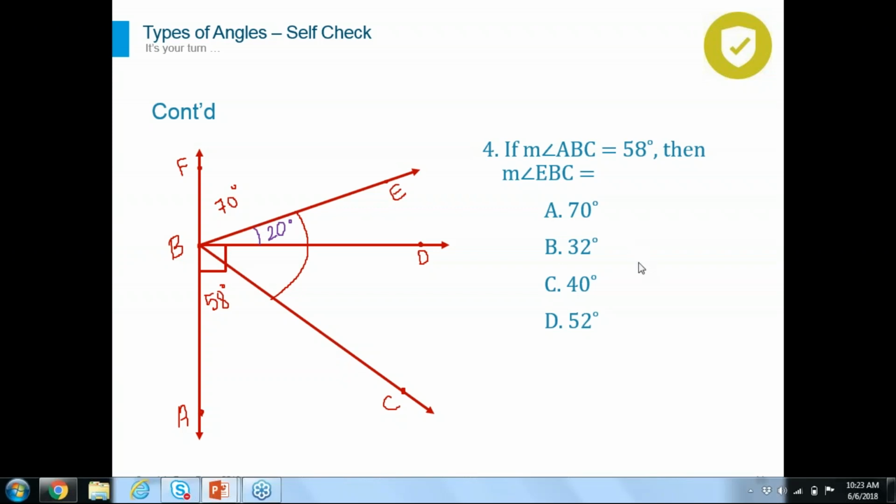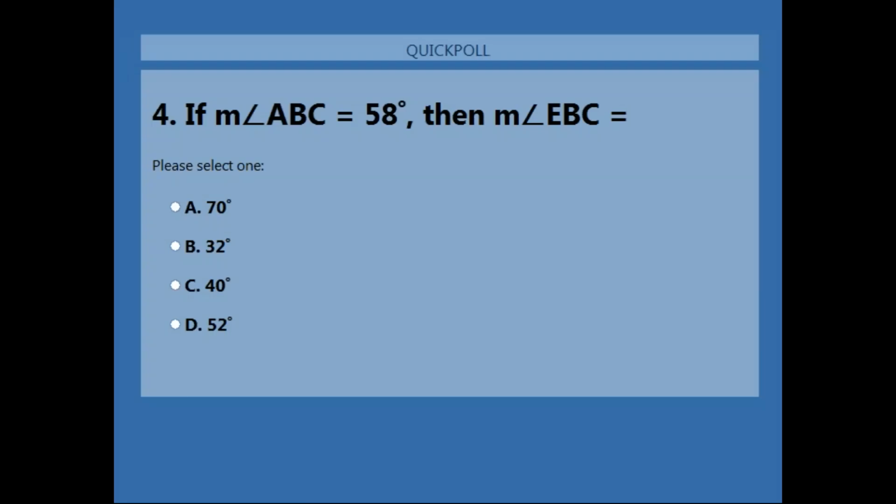Okay, I'm going to put up the question. Here you go. Okay, remember that we're not looking for the angle measure of DBC, this one.